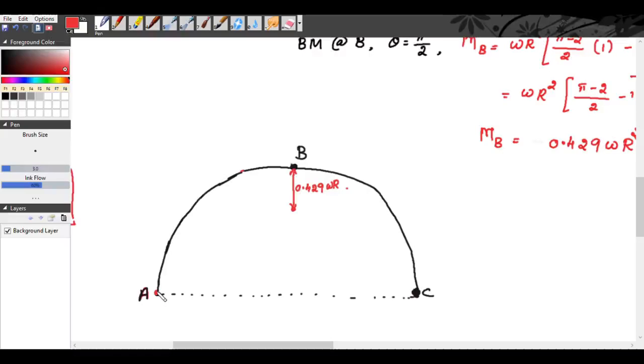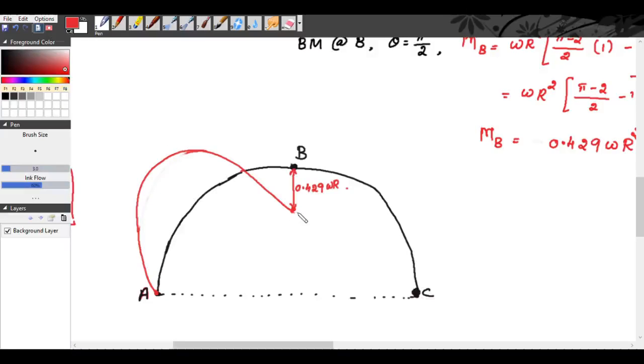So from here, your bending moment will be like this. So this is your variation of bending moment diagram from A to B.